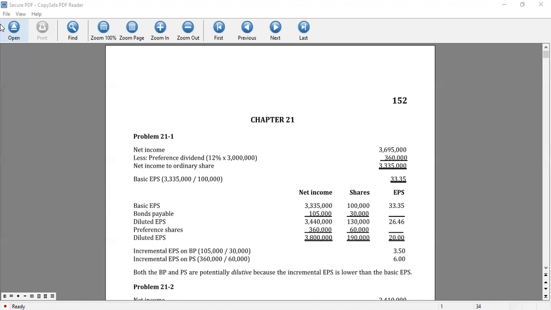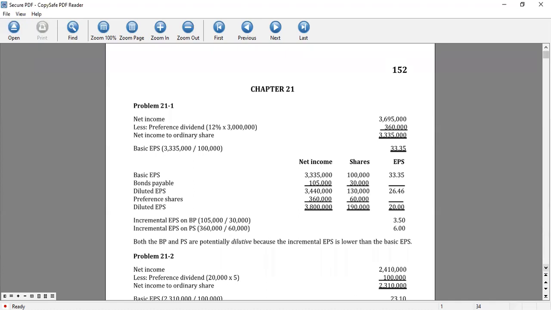Next, we go to 21-2. In 21-2, the requirements are basic earnings per share and diluted earnings per share. At year-end, Gay's company had 100,000 ordinary shares and 20,000 convertible preference shares outstanding, in addition to 10% convertible bonds payable in the face amount of 2 million.